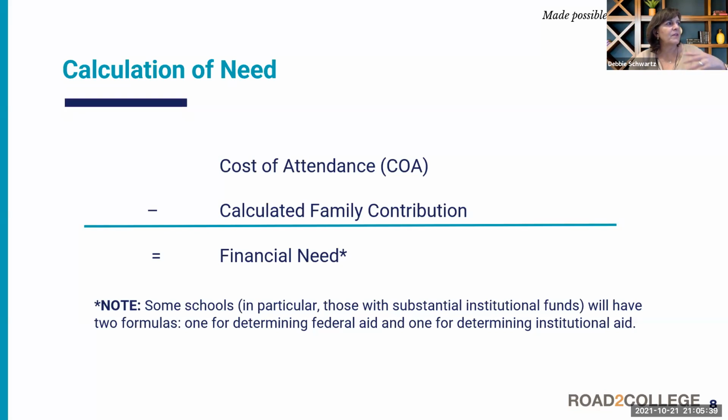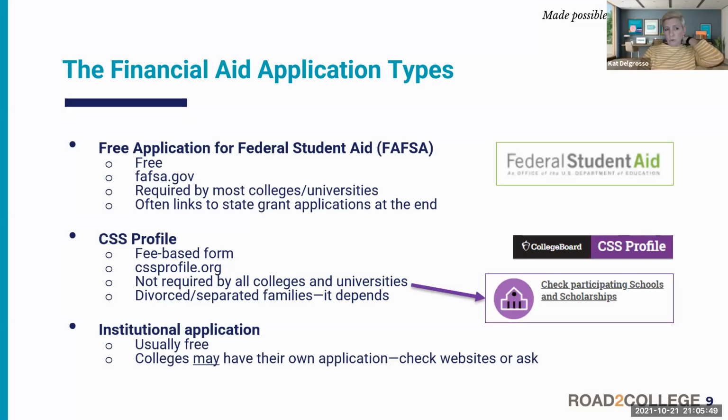I think we'll move on, and go through some of the other ones a little quickly. All right. So just real quickly here, this is a summary of the types of financial aid applications: the FAFSA, the profile, and an institutional application.